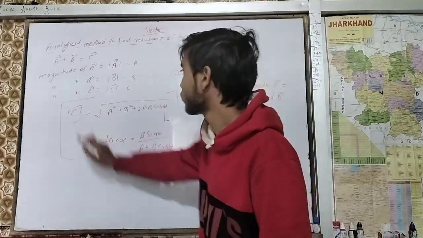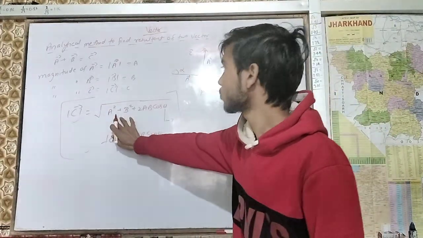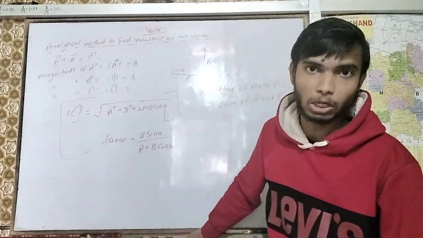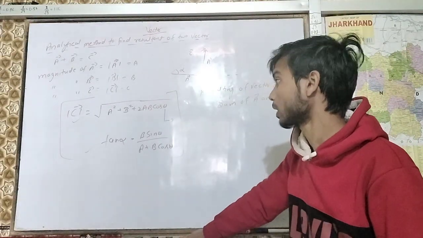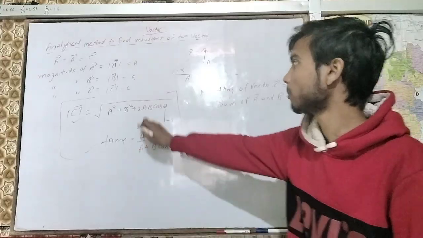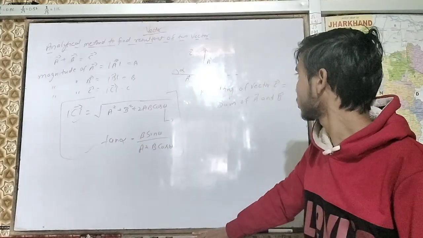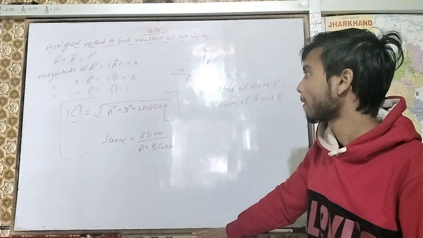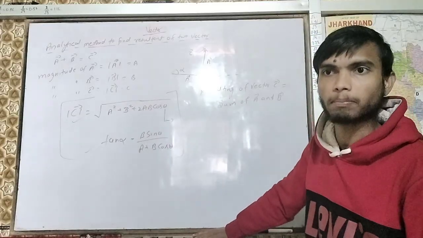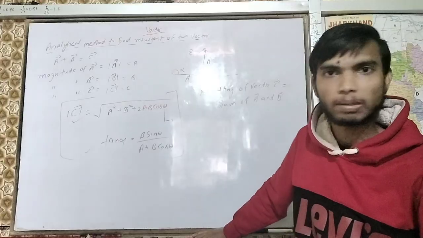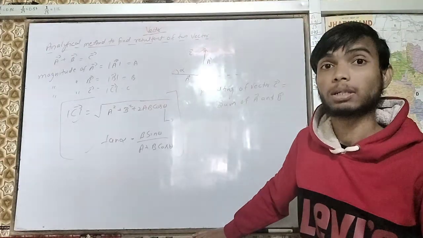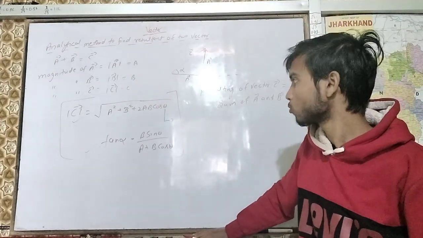Now, when to use this formula? We will use this formula when we want only magnitude. Then this formula will be used. So to get only magnitude, just under root of a square plus b square plus 2ab cos theta.